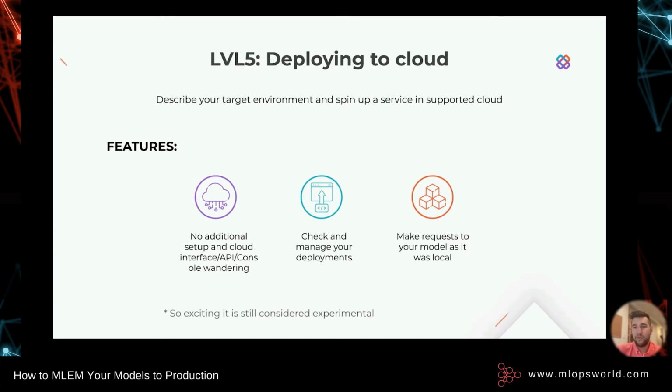And you can also make requests to your model as if it was local. Basically, we will handle all the serialization for you. And this level is actually so exciting. It's still considered experimental. And for now, we support only Heroku, but AWS support is in the works. And basically, in the next major release, we will rework this to be even better.